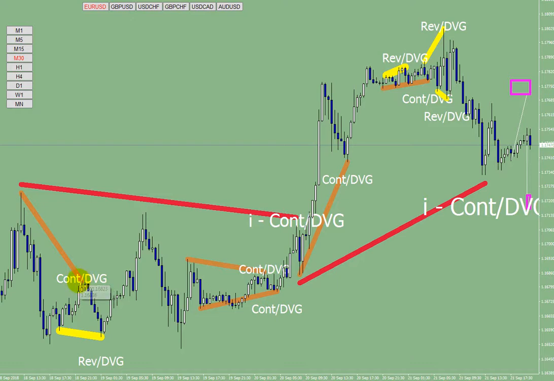So the expectation once a continuation divergence is plotted is a reaction at the very minimum, which was this move down here.